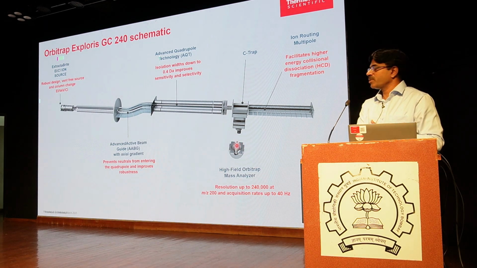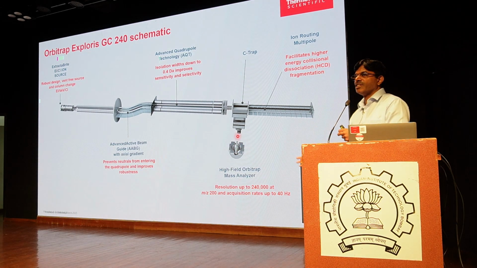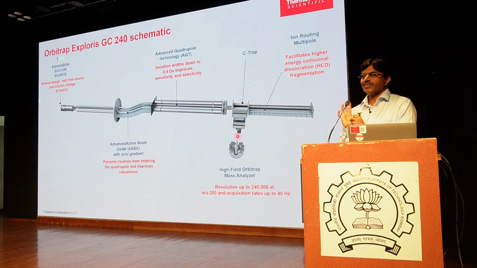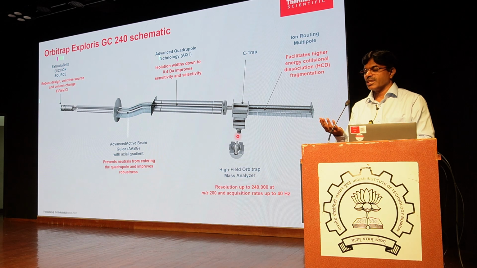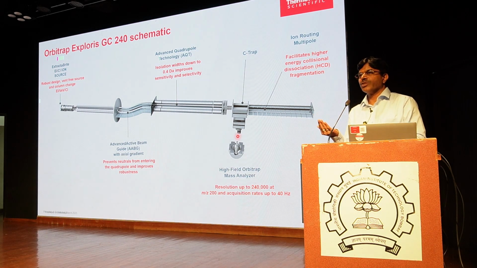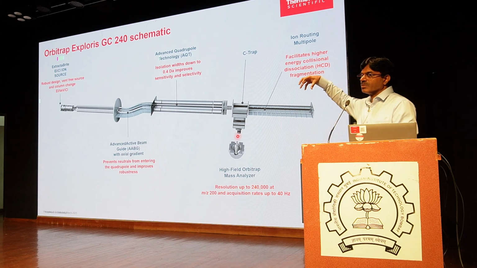You can see the Orbitrap is here, and the Orbitrap size, you can see here, sits in your palm. The new generation is still small, the high field Orbitrap. It's like your 10 rupee or 20 rupee coin. It's a very compact size, but it requires so many other things.